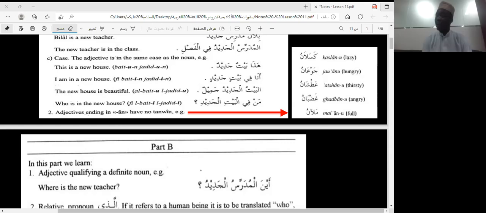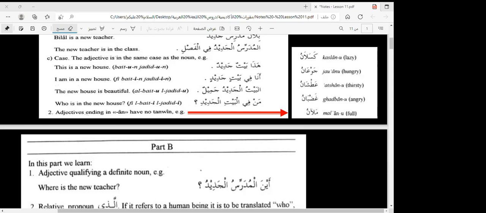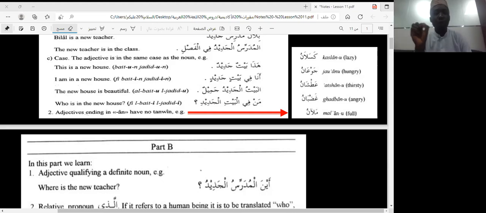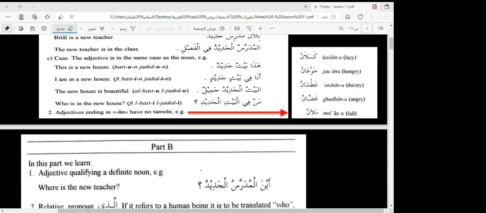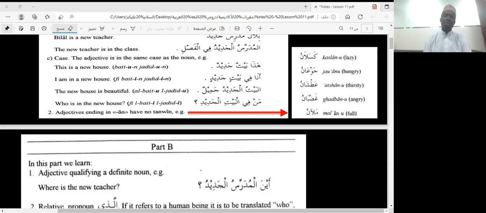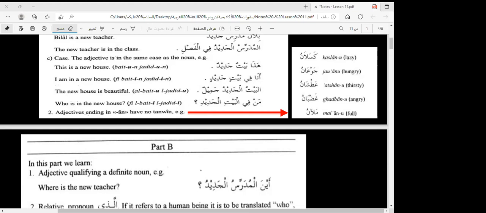Not fa'lanu with tanwin, with dhamma, not tanwin, not dhammatan. Fa'lanu. Aywa, yes. That is the scale.